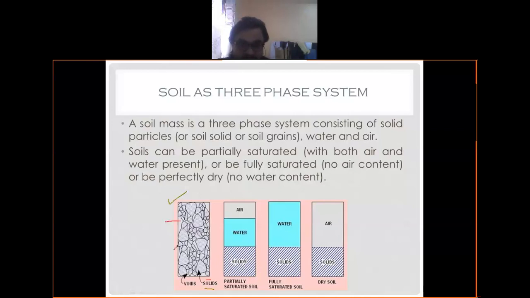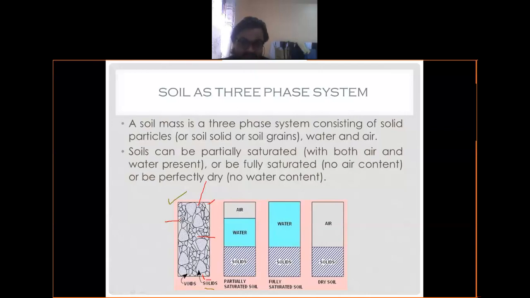Like you can see, this one is a vacant space, here also, and this is also some vacant space. Here also. Small or larger, there are many vacant spaces available in the soil mass.